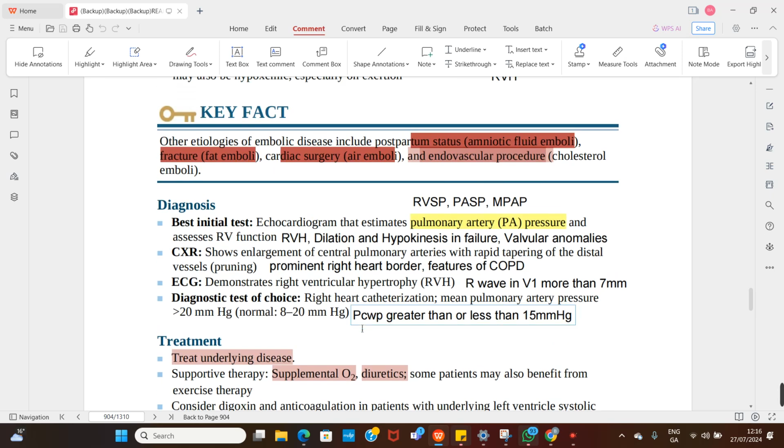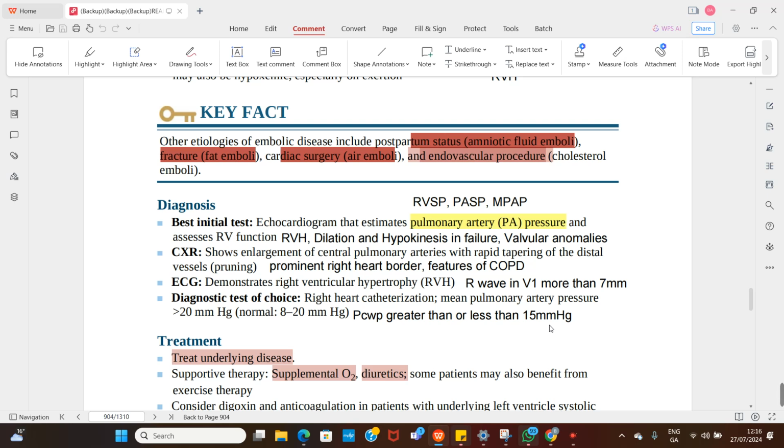And I have something here, your pulmonary capillary wedge pressure, that can help you separate between the causes. If you see that the pulmonary capillary wedge pressure is more than 15, you are thinking of a left heart cause of the pulmonary hypertension, because the pulmonary capillary wedge pressure gives an estimate of your left atrial pressure.